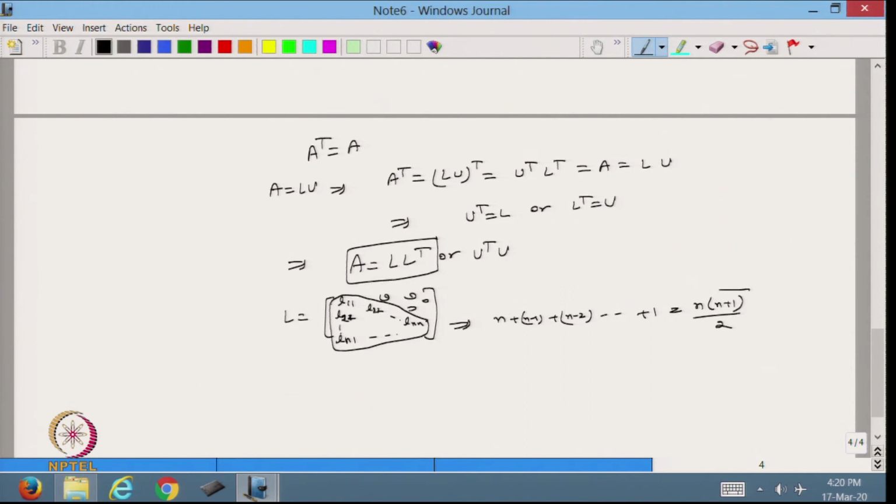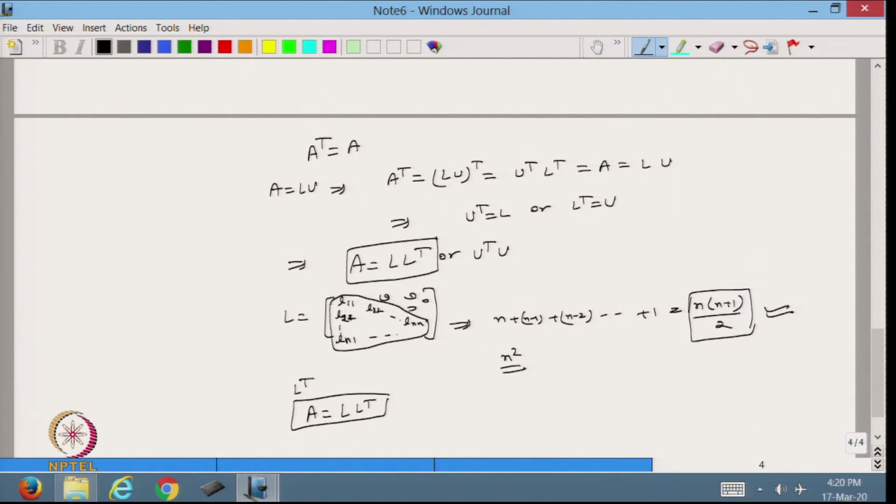Now I have to find n into n plus 1 by 2 elements, because in the matrix we have n square elements. So, instead of n square elements we need to find only these elements, and based on this L, I can find my L transpose, and then I reduce my A into the L L transpose notation.